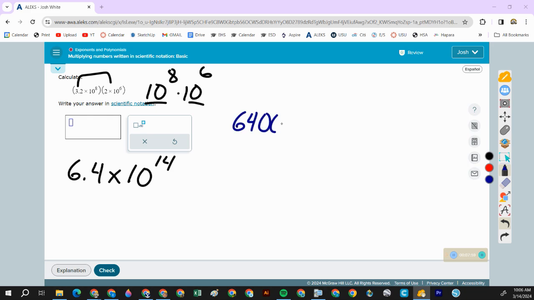So 1, 2, 3, 4, 5, 6, 7, 8, 9, 10, 11, 12, 13, 14. So that would be millions, billions, 640 trillion. Okay? So 640 trillion.